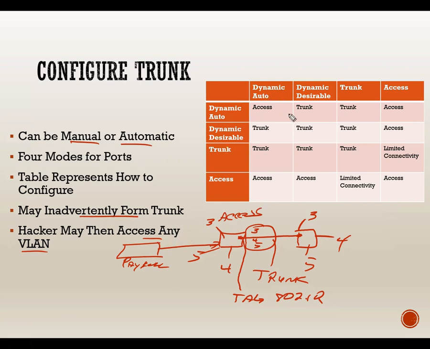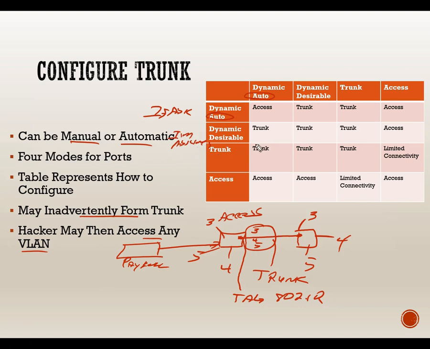So the different configurations for trunk ports: dynamic auto, and two dynamic autos, and this is automatic. What this says is, if you ask, I will become a trunk port. Dynamic desirable says I'm asking, as does switchport mode trunk.